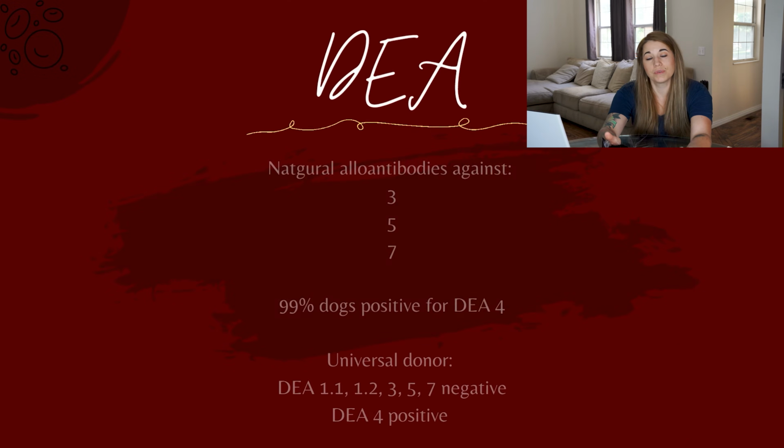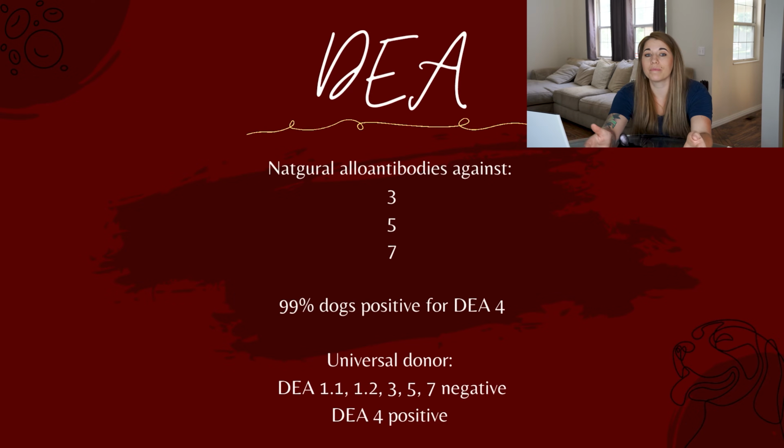So if you are administering anything other than universal donor blood to your patient, you should know that your patient will be having a transfusion reaction at some point. Of the remaining recognized blood types, natural alloantibodies exist for DEA 3 and 5, and to a lesser extent 7. Up to 99% of dogs are positive for DEA type 4 antigens.